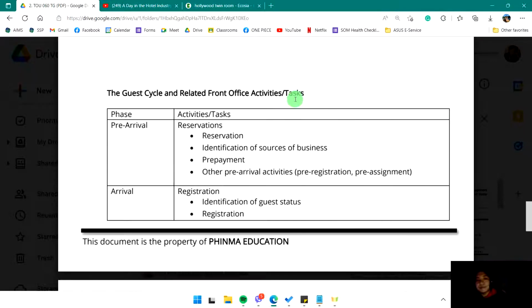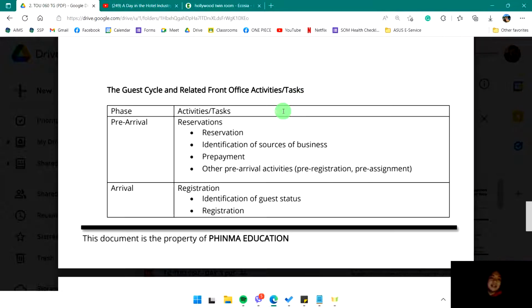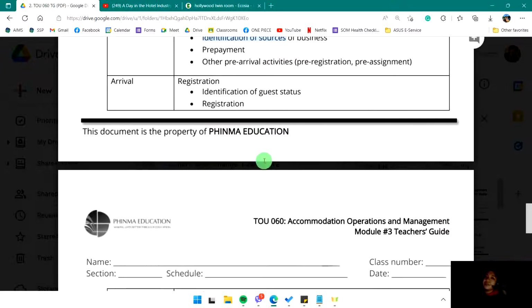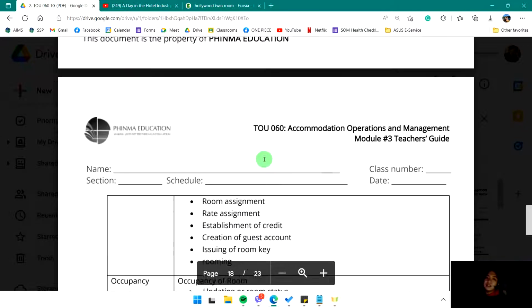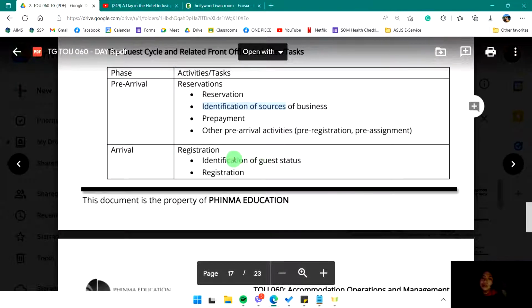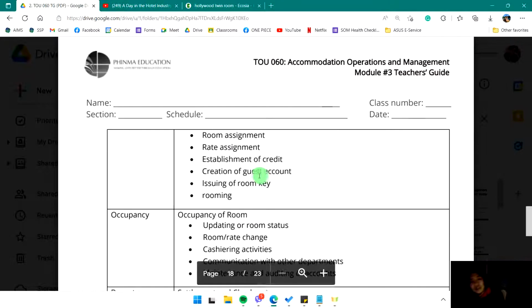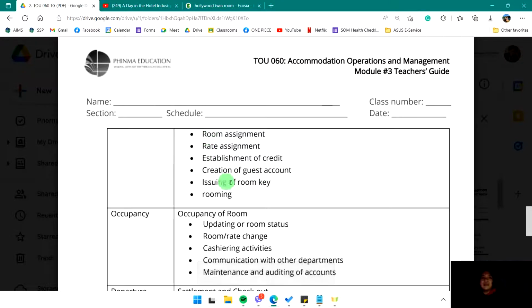Okay. So yan, dito makikita nyo dyan yung mga ginagawa sa guest life cycle natin. Sa pre-arrival, tulad ng sabi ko, reservations, prepayment, identification of sources of business, preferences nyo sa rooms, and so on and so forth. Dito naman, sa arrival natin, papasok yung registration, tulad ng sabi natin, room assignment, issuing of room key, date assignment, and so on.